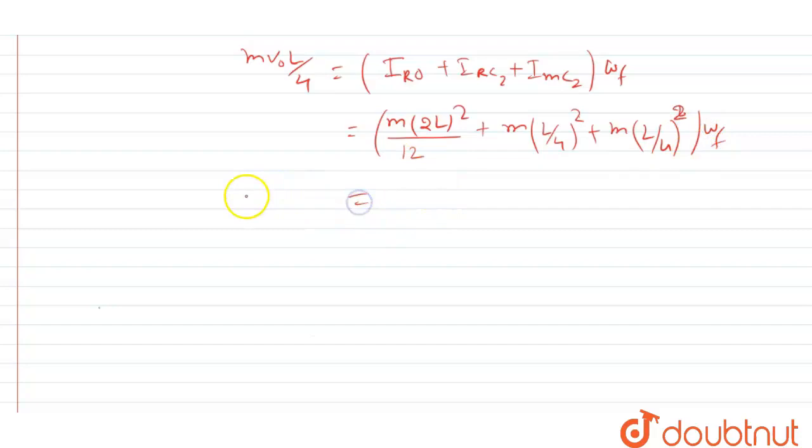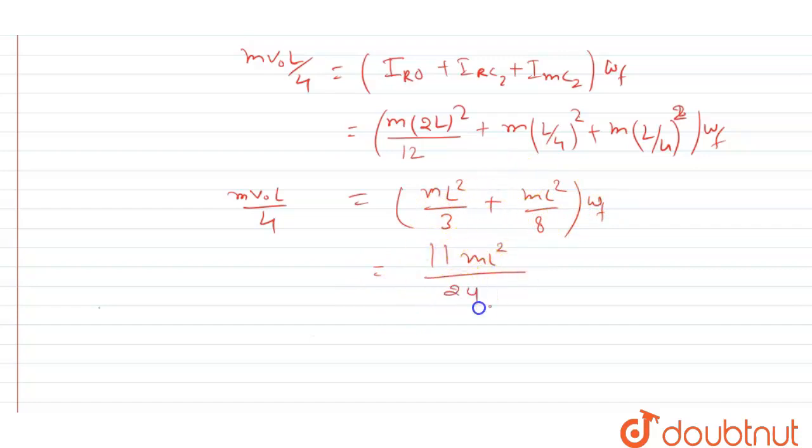So if we solve this, on the left hand side this is m v L by 4, and here I will get m L square by 3, and this comes out to be m L square by 8 omega f. So further we solve, this will be 8 plus 3 is 11 m L square over 24 omega final, and from the left hand side, after solving this will be 6.